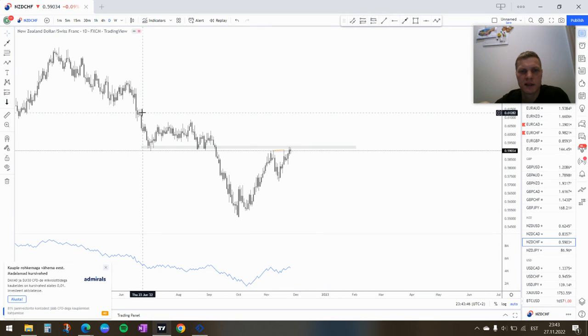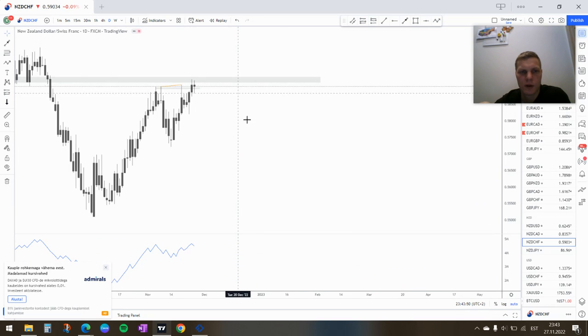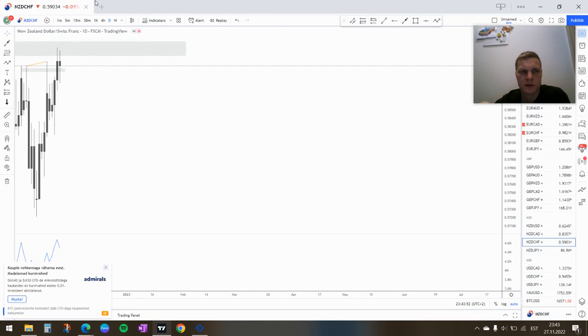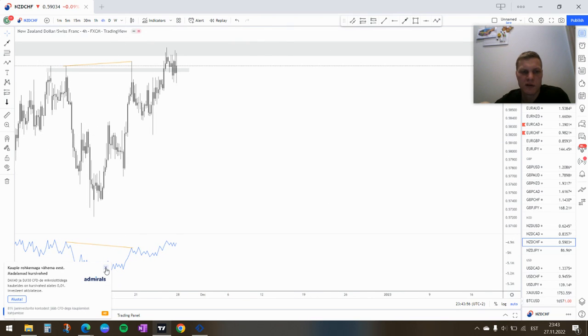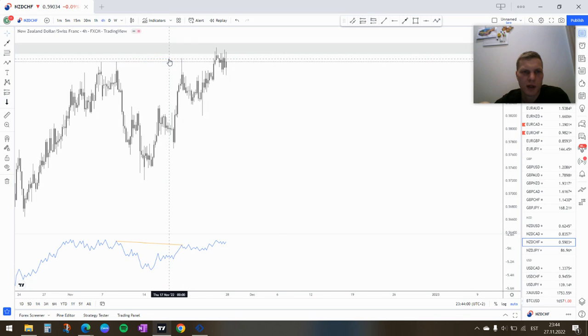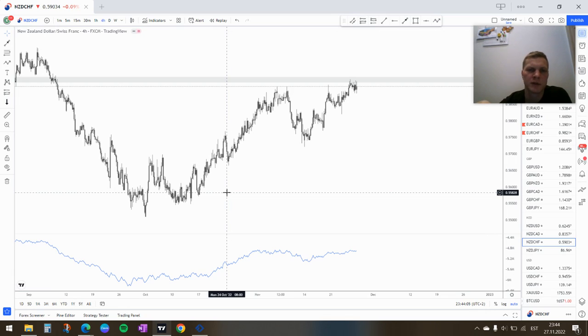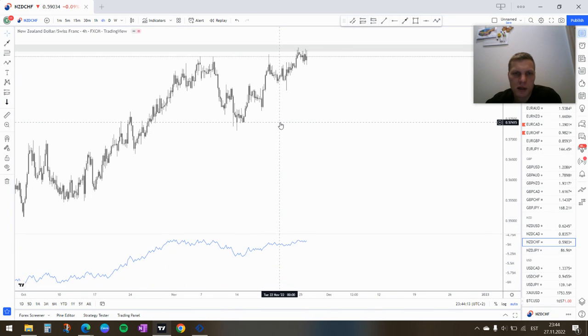NZD-CHF is making a break and retest, and it's ranging right now, so it's 50-50. I mean, it's collecting orders from both sides probably. So on Monday, I think there's gonna be a stop hunt on either side.